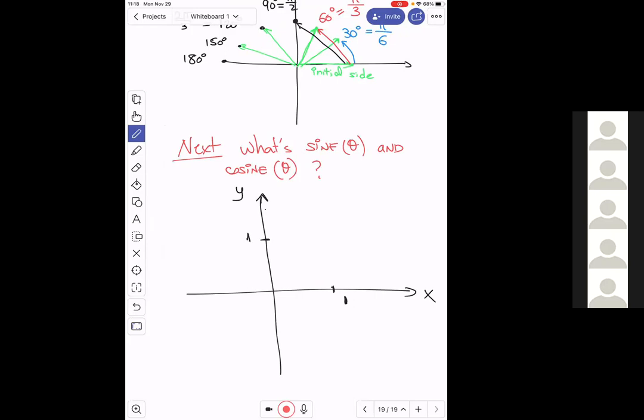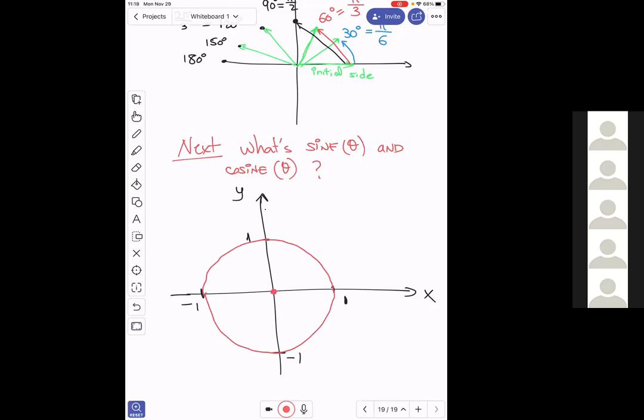This is 1. This is -1 right here, and this is -1, right, etc. Now we have a unit circle. So we have this circle with the center equal to the origin.